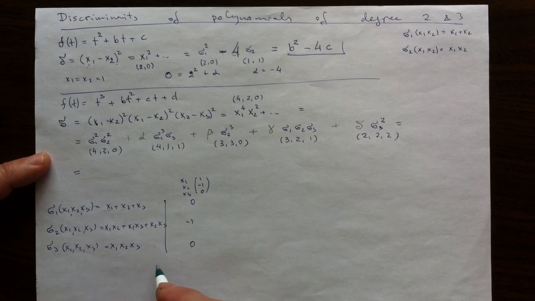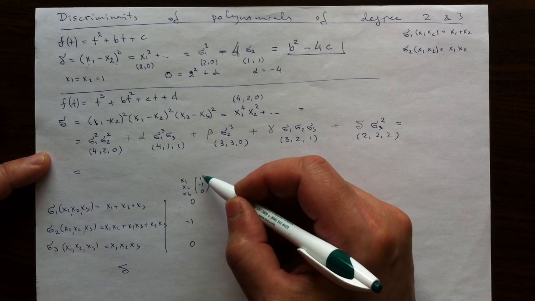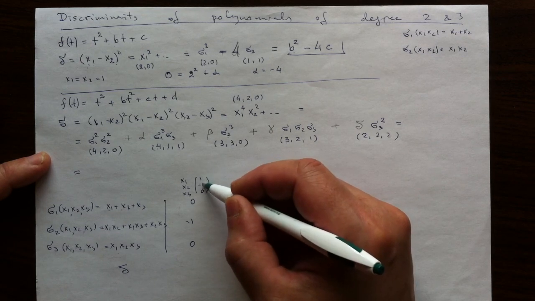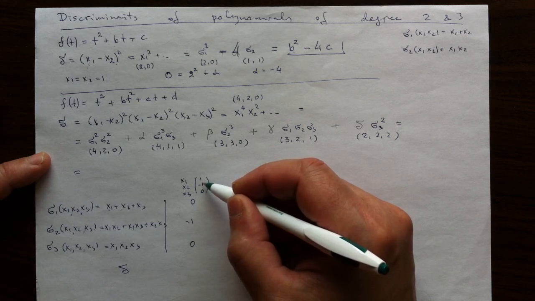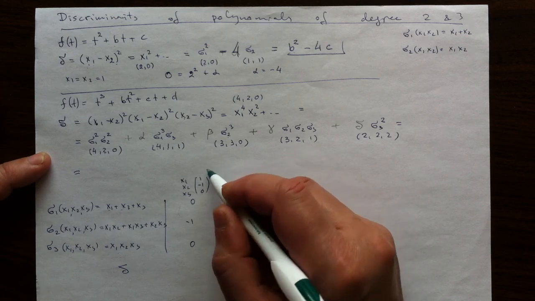So I'll also list the value for delta. Delta is this, the discriminant, and I have to evaluate it on this collection. I'm sorry, I'm a bit slow here.